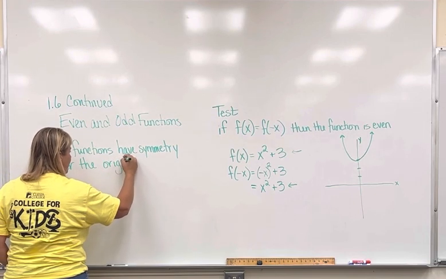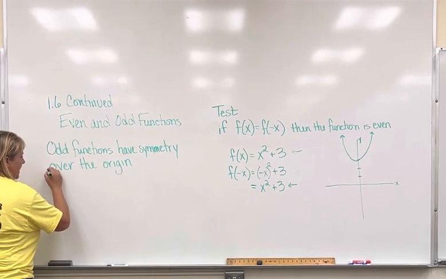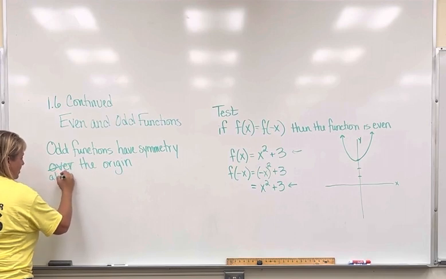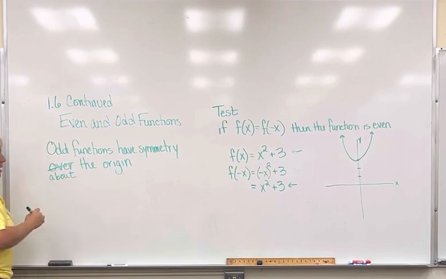Or over the origin doesn't necessarily sound right. We could say about the origin, which sounds a little bit weird as well. But let's have a look at what that means. So odd functions have symmetry, but it's about the origin, or around the origin.